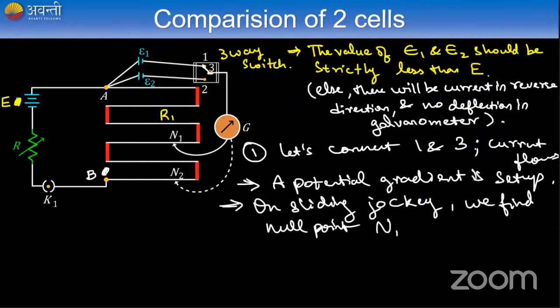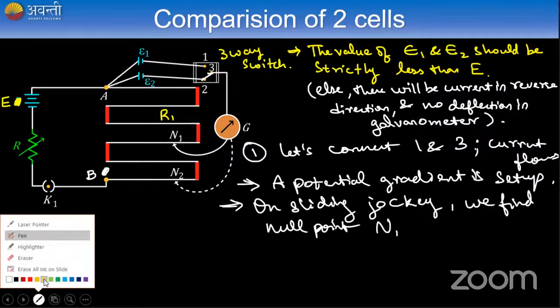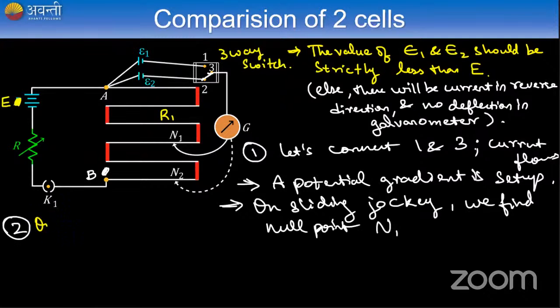In the second case, what will I do? Okay, we'll write together. In the second case, if we connect the switches 2 and 3, similarly, I will write this in a different color. Guys, please let me know if my handwriting is not proper, or if you are not making it out. Connecting 2 and 3, what will happen?